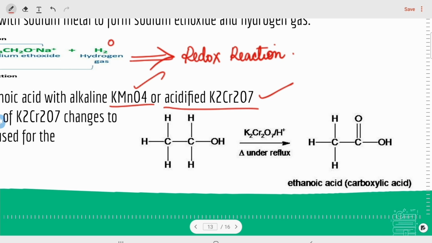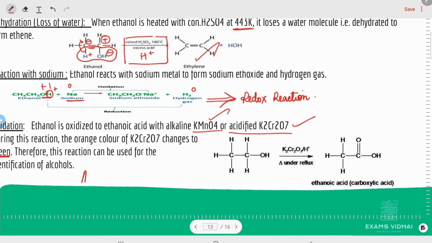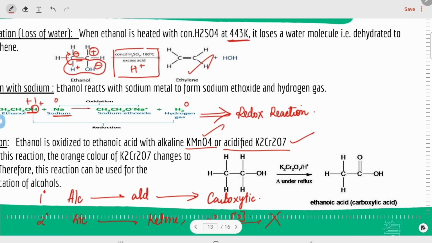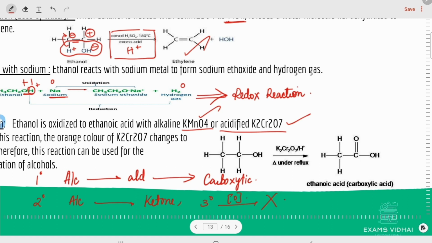First, in oxidation case, if we take 1 degree alcohol, it will change to aldehyde, which will further change to carboxylic acid. And 2 degree alcohol will change to ketone. 3 degree, no oxidation. In this case, we have to change it into an aldehyde.